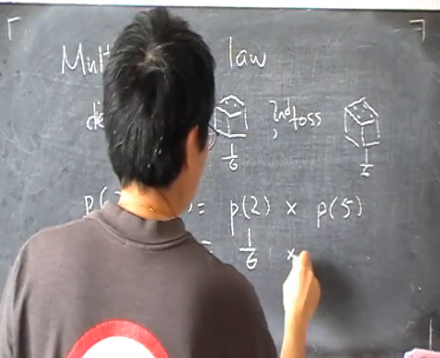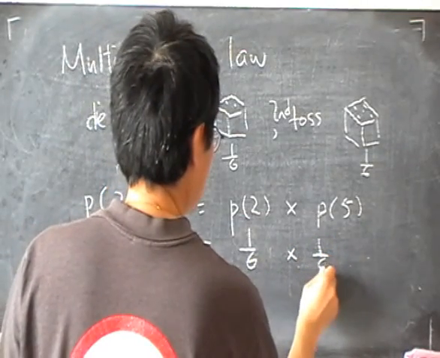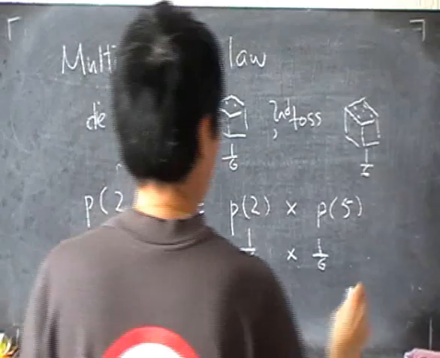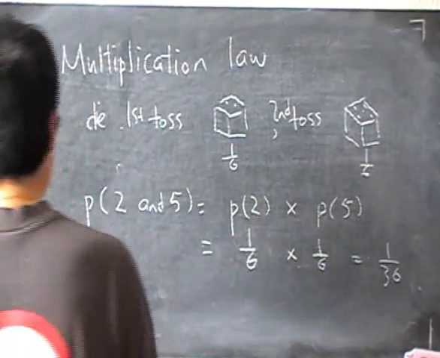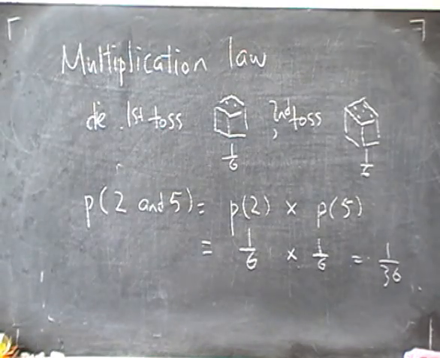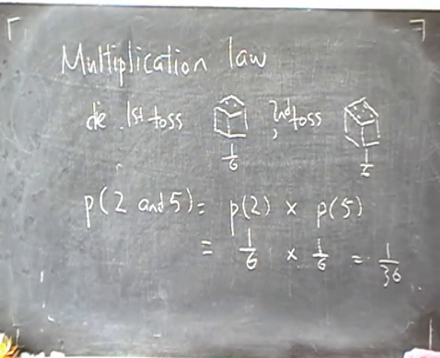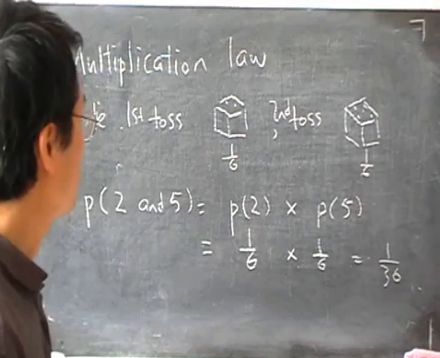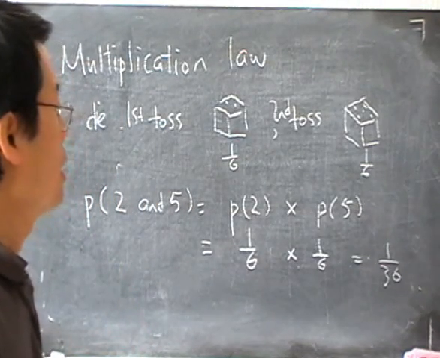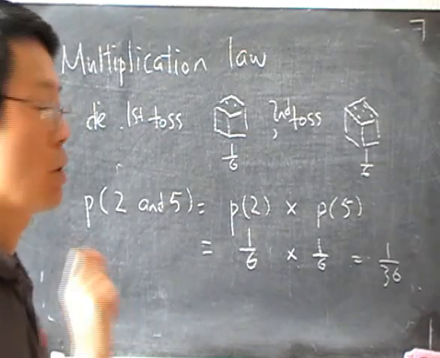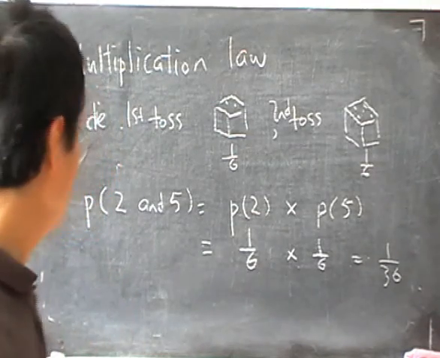And the answer is 1 over 6 times 1 over 6, which is 1 over 36. So that's how we can calculate this probability.